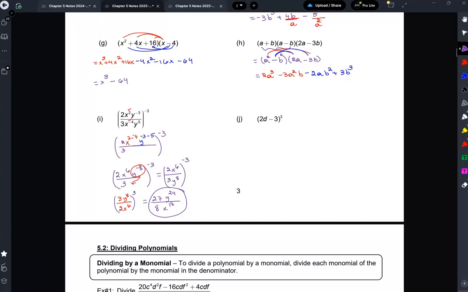Last but not least, I got a binomial 2d minus 3 cubed. Okay, one way to do it is write it like this. And you're going to basically do it like we did before, multiply the first two, then the other two.